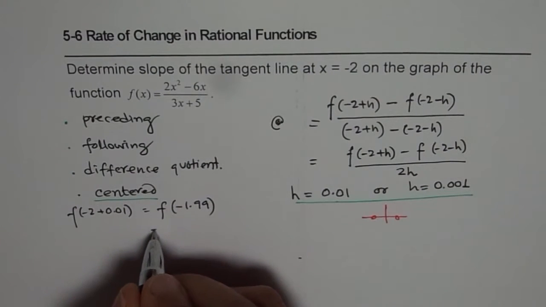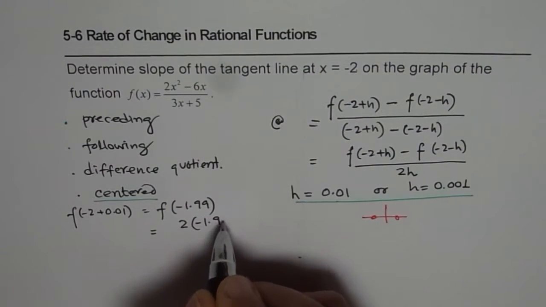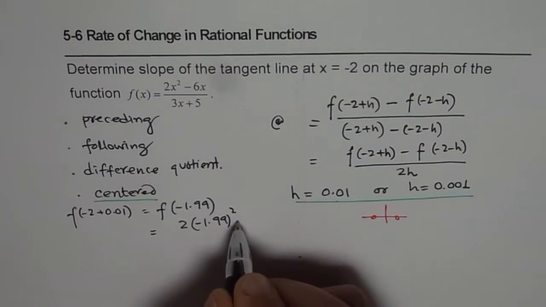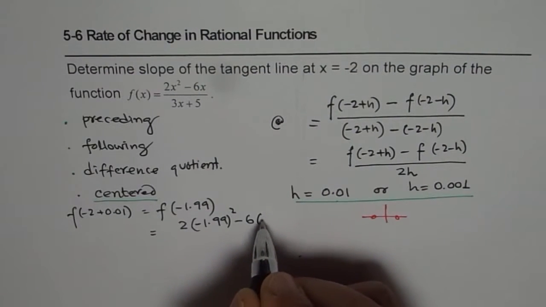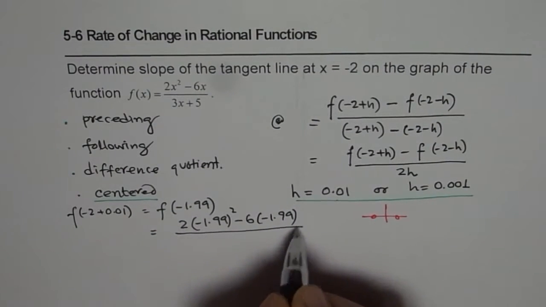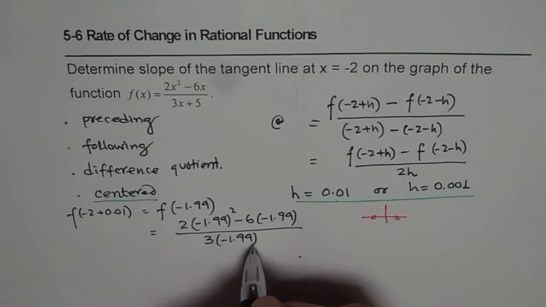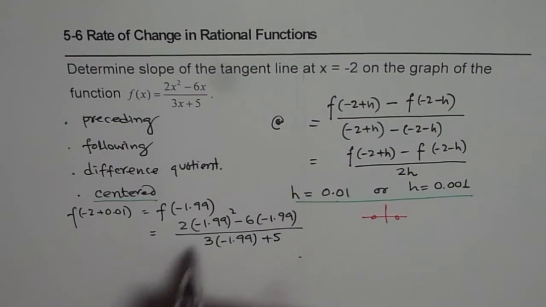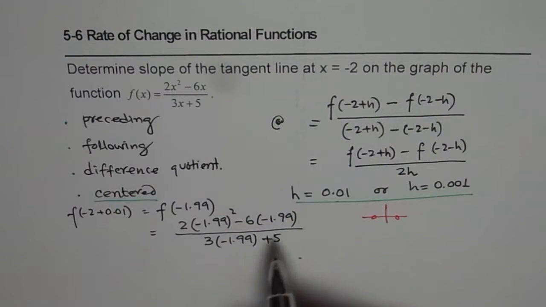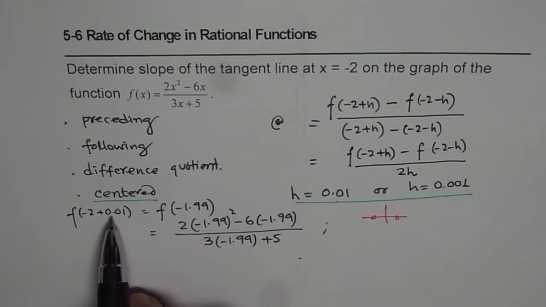That means it will be 2 times minus 1.99 whole square minus 6 times minus 1.99, divided by 3 times minus 1.99 plus 5. Calculate this value.